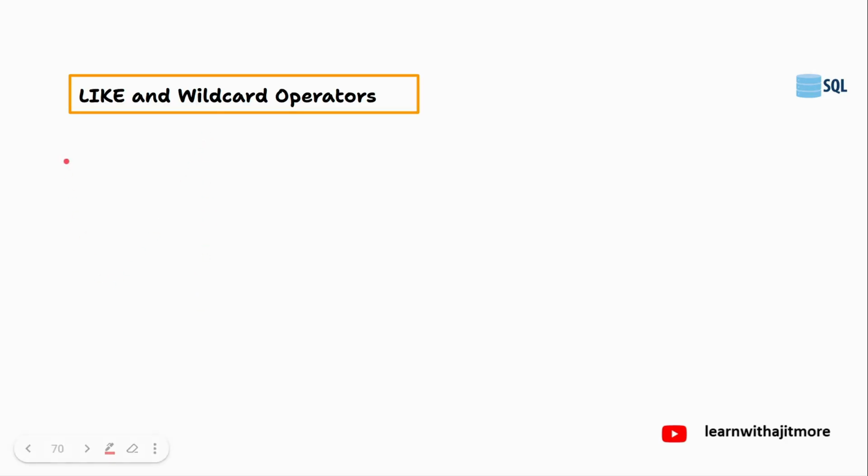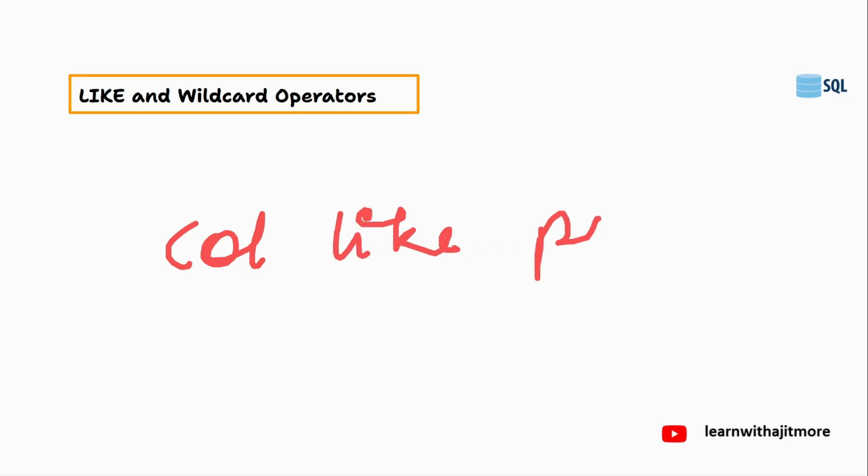Okay? So now to match that pattern, we have to use LIKE. Whatever your value is, that is column, LIKE, and then the pattern. Okay? So if your column value is following this pattern, then true, it is filtered. If your column value doesn't match this pattern, then it is false. The record is rejected.